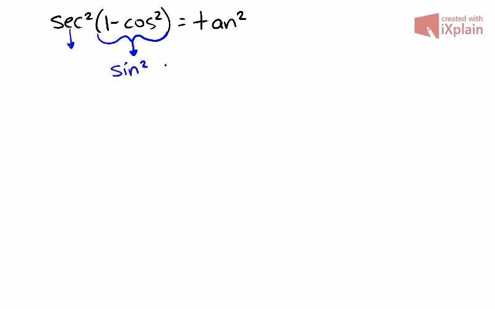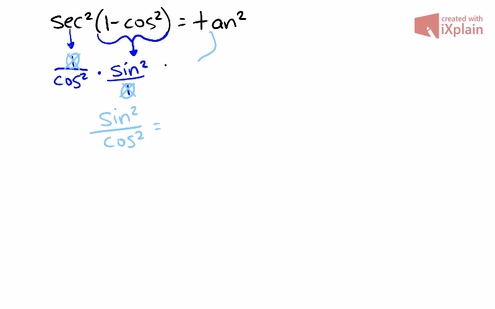Secant is 1 over cosine, but since this secant function is being squared, we need to write this as 1 over cosine squared. Okay? Now since I'm multiplying, we should know that there's an understood 1 under that sine. Now I have 1 on top and bottom. They are like terms. I can cross those out. That gives me sine squared over cosine squared.